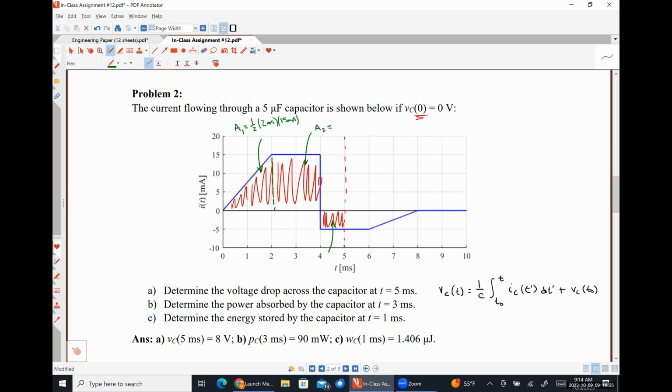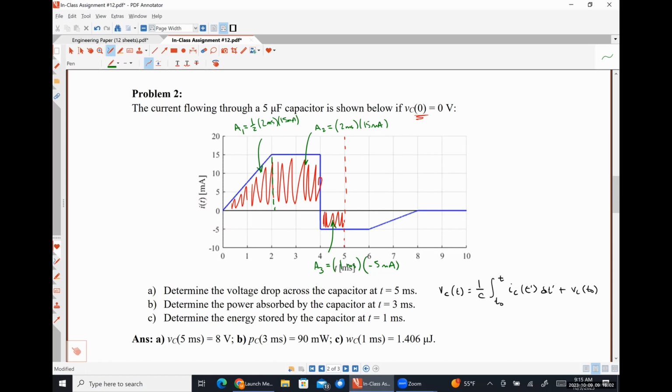This area A2 is a rectangle, so it's just going to be the base, 4 milliseconds minus 2 milliseconds, which is 2 milliseconds. The height is, once again, 15 milliamps. And then this guy A3 down here is a rectangle. The base is 5 milliseconds minus 4 milliseconds, so that's 1 millisecond, and the height is negative 5 milliamps. And then I add those 3 areas together.